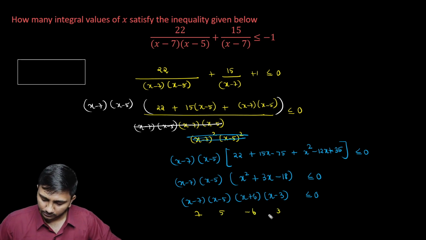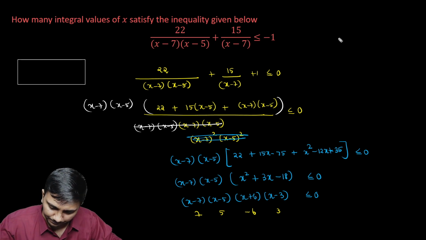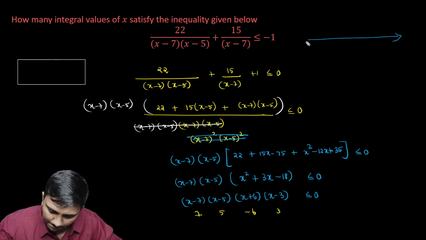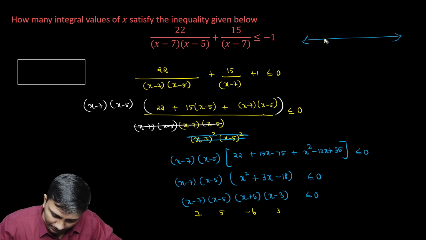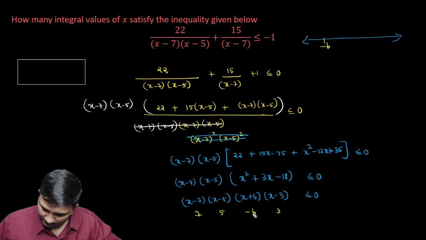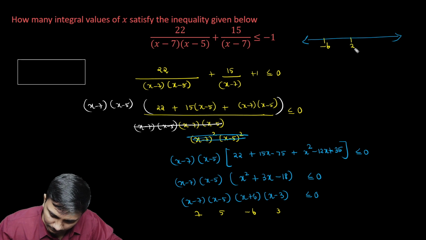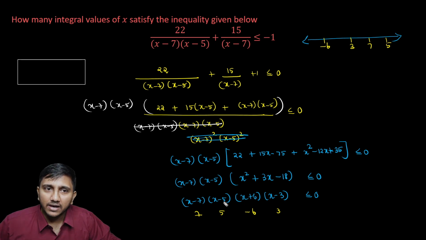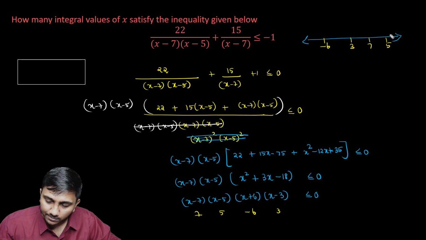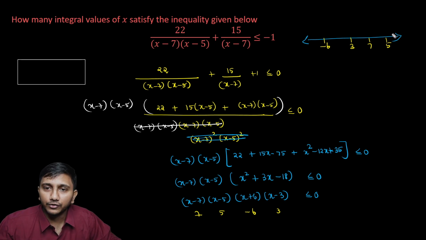Now let's plot that on a number line. So minus 6 is the smallest value, so let's put that here. Minus 6, then 3, 5 and 7. Coefficient of x to the power 4, that is the greatest power of x that we have here, is going to be positive, which means the rightmost side here is going to be positive.